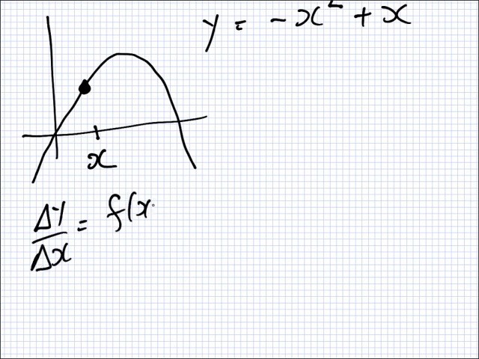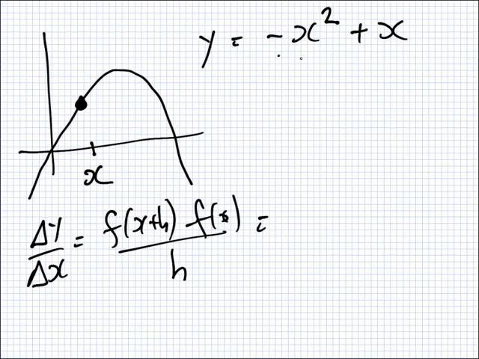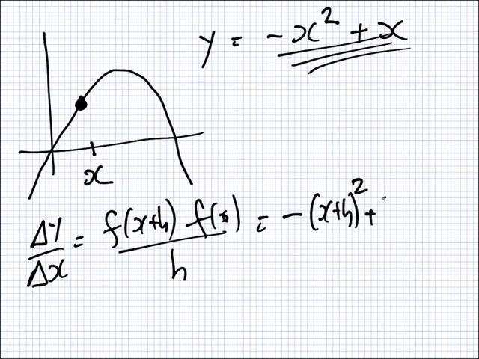It's f(x plus h) minus f(x), over h. The reason we usually keep this as x is that it gives the person the option of picking the x at the end, when they get the answer. Here's our function. So that would be minus (x plus h) squared plus (x plus h). I replaced x with x plus h.